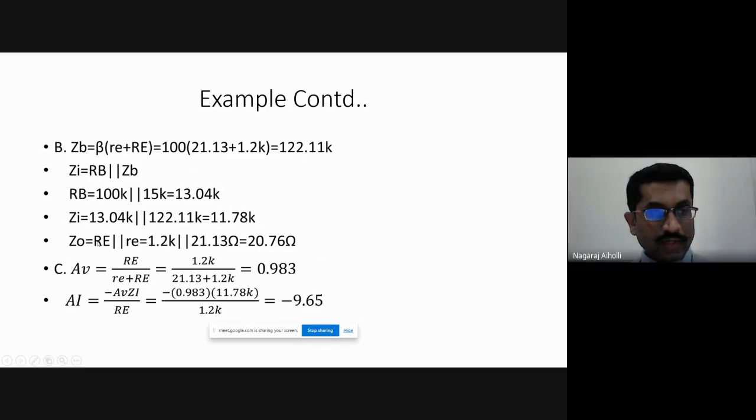Similarly, calculate Z0. Z0 is given by capital RE parallel small re. Capital RE is 1.2K. It is given in the circuit. Parallel with small re. Small re we have calculated in part A as 21.13 ohms. Find out the answer: 1.2K, which is in kilo ohm, parallel with 21.13 ohms, which is in ohms.